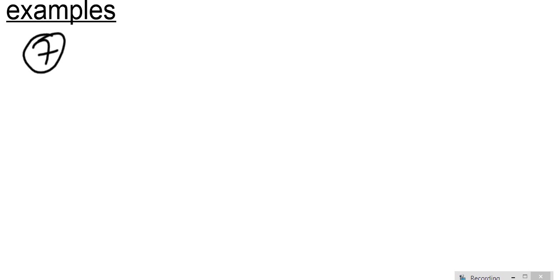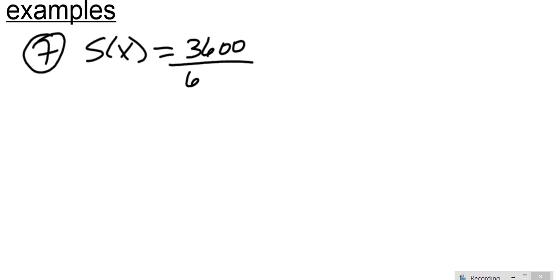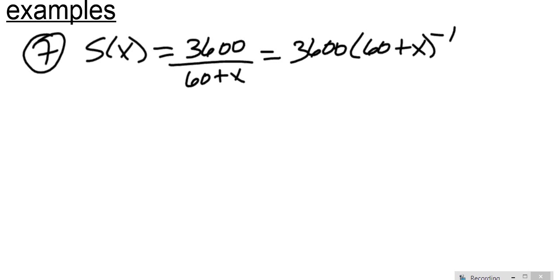Number 7 says, use the linear approximation given in example 1 to answer the following questions. So they gave us an example 1 where we're going to use the approximation, where I went ahead and converted it to this form so that I can write the approximation equation.